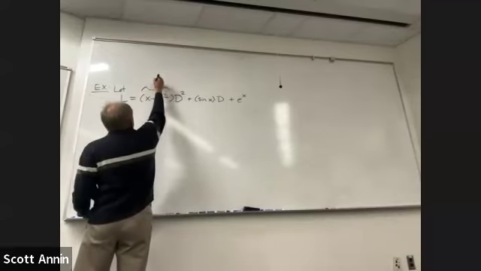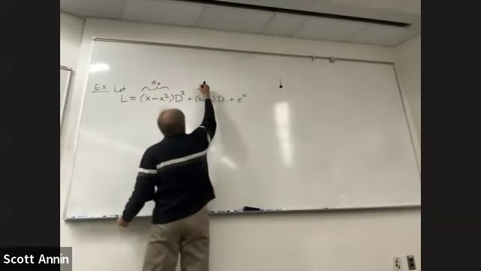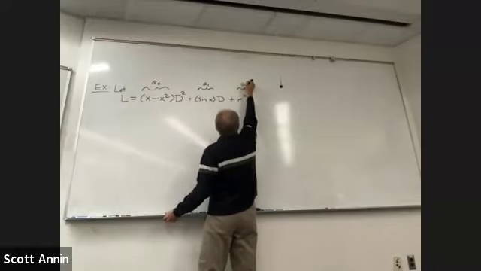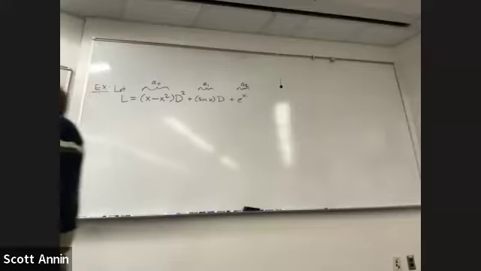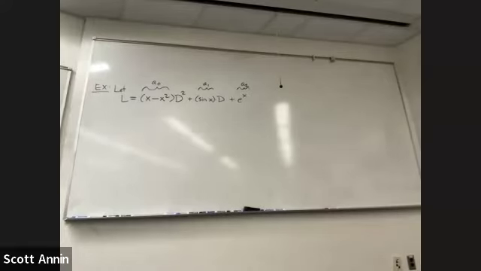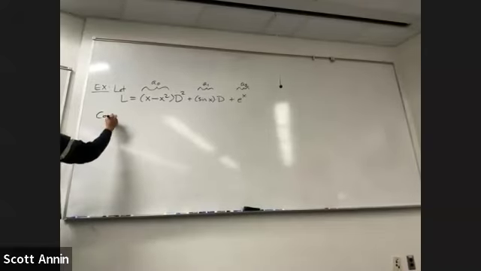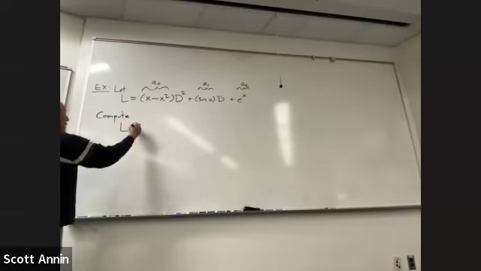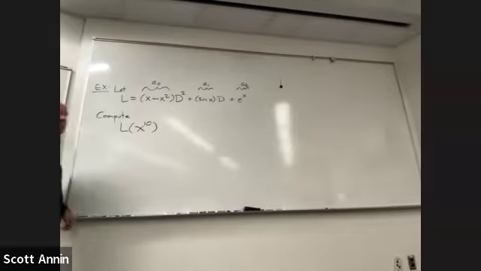And we can see here that this would be the A naught, and then this coefficient would be the A1, and this coefficient would be the A2. So you'd have just A naught, A1, and A2 in that setup. And I could ask you to compute L of, let's say I want to take L of x to the 10th.